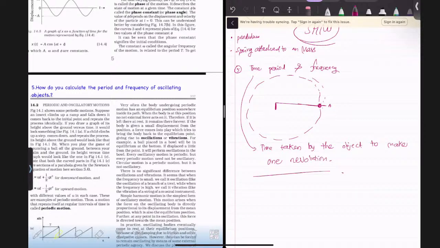सो टाइम पीरियड के लिए हम लोग फॉर्मूला कैसे डिराइव कर सकते हैं? We have a formula, guys. There might be some of you who must be knowing the formula. I will explain how it is derived. So time period का वो definition क्या है? Time taken by the object to make one revolution.